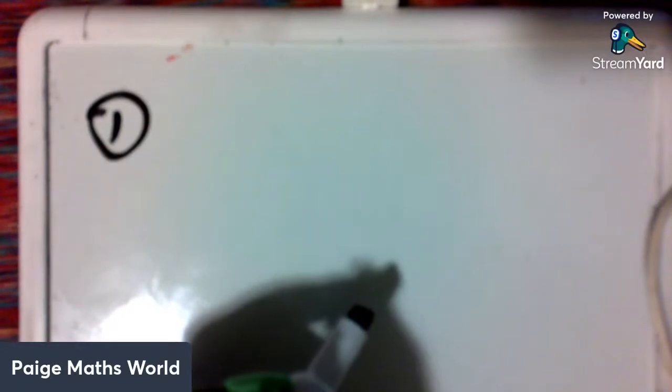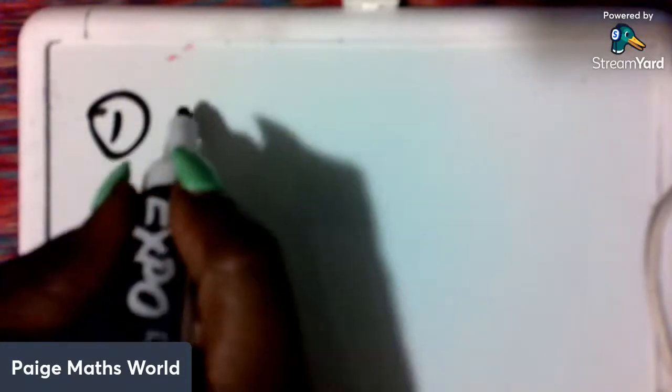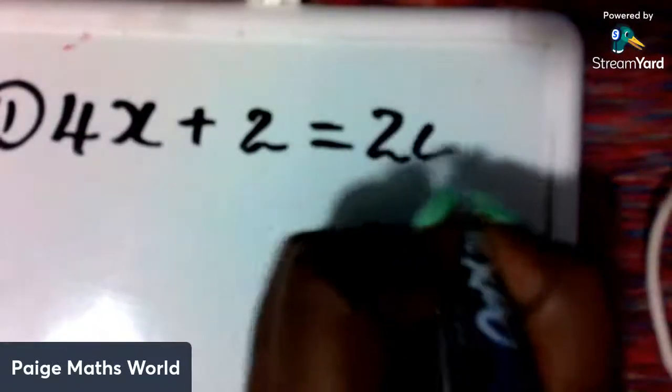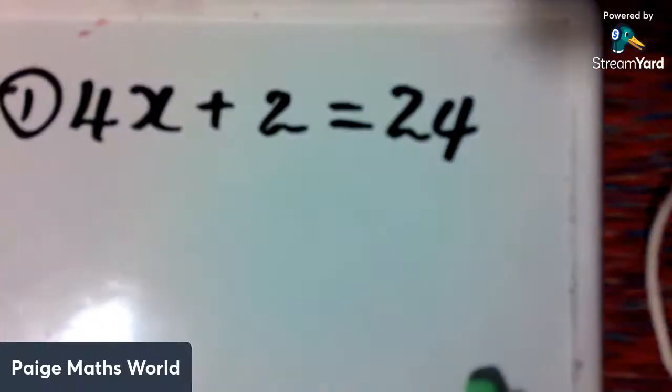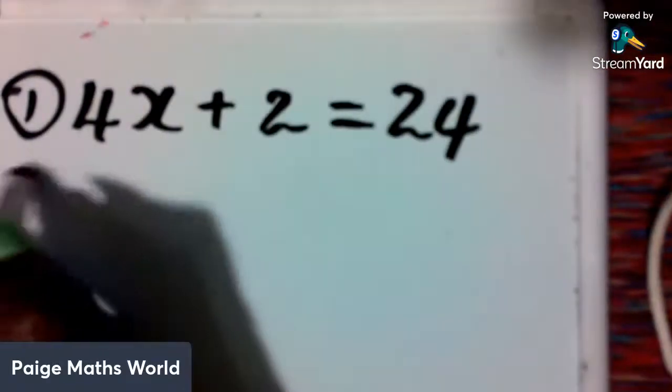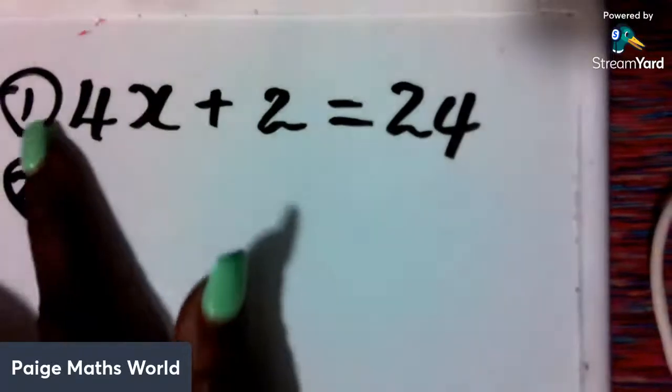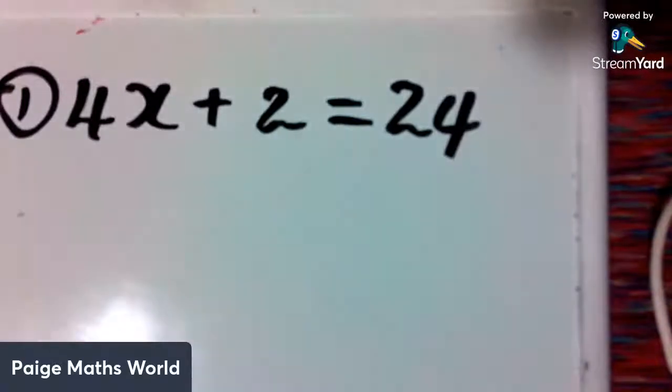Remember, guys, if you are getting a fraction, it's okay because I'm making these problems out of my head. So we're going to have 4x plus 2 is equal to 24. And so I'm going to give you guys a couple to bring us to the end of the class. So I'm going to wait for your answers though.